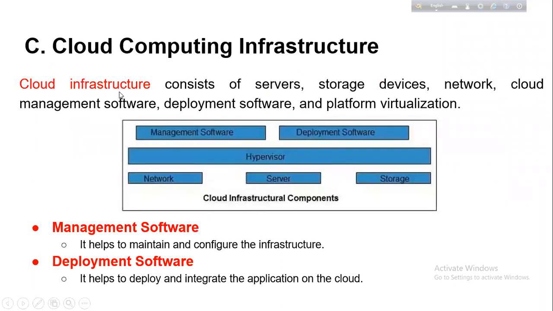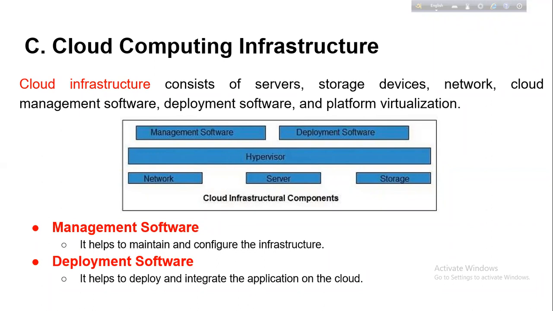So cloud computing infrastructure consists of servers, storage devices, network, cloud management software, deployment software, and platform virtualization. There are components like management software, which help to maintain and configure the infrastructure.